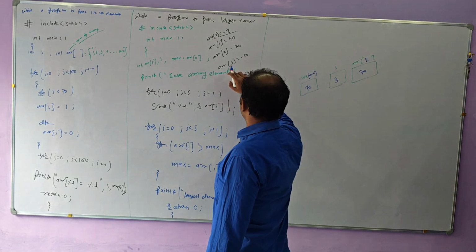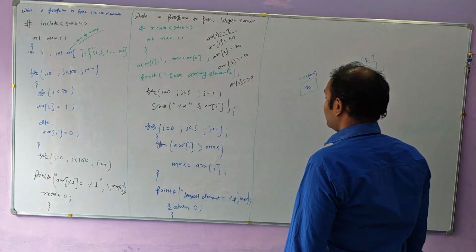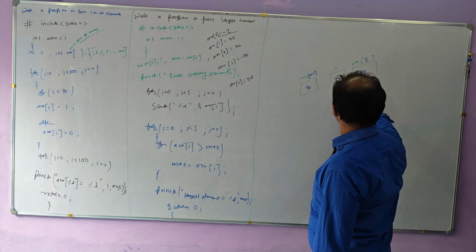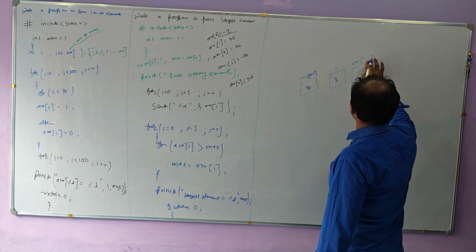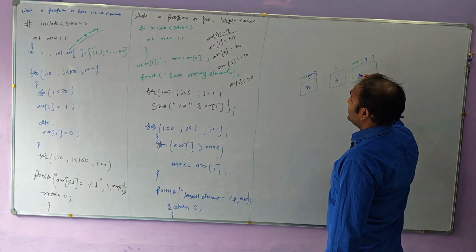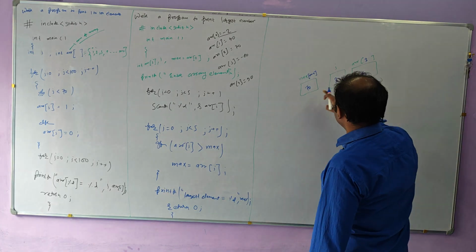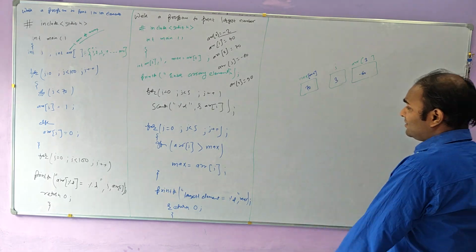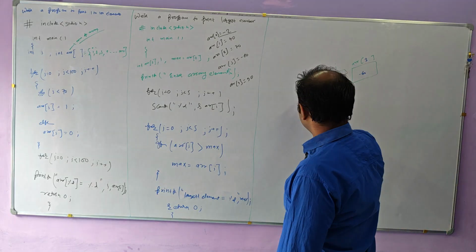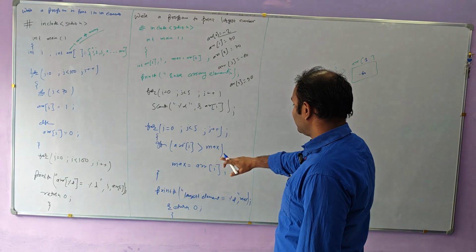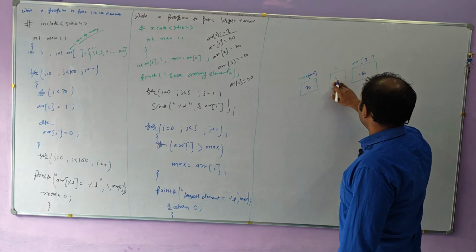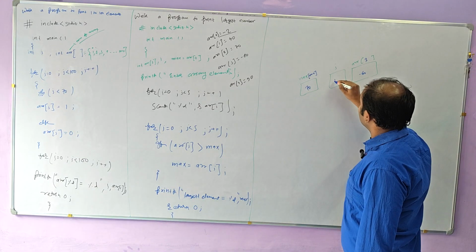AR of 3 is -60. Is -60 greater than 70? No, -60 is not greater than 70. So max value still remains the same. Now I increases by 1, that is 4.